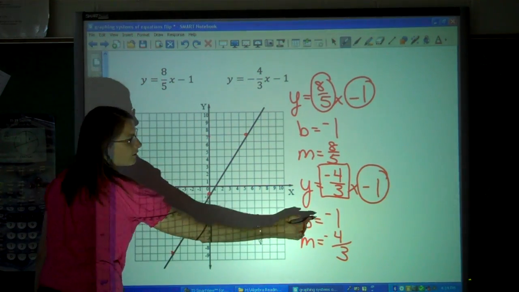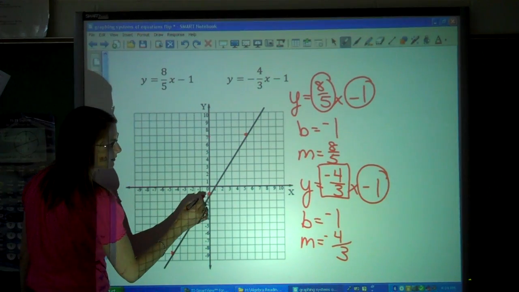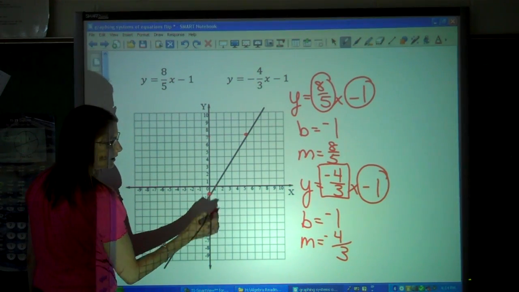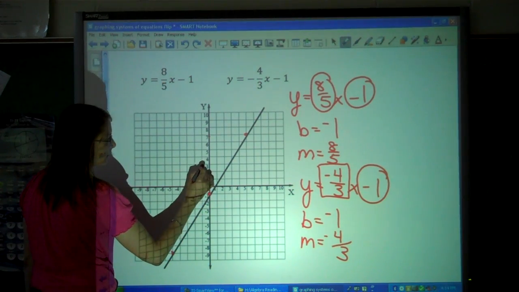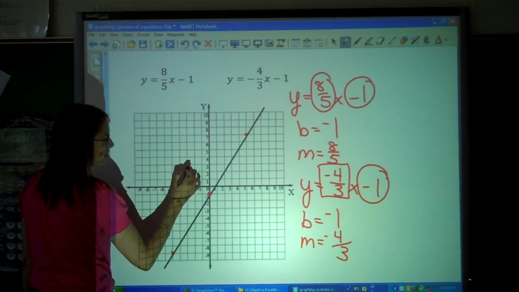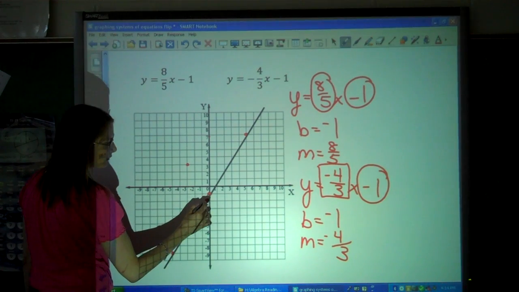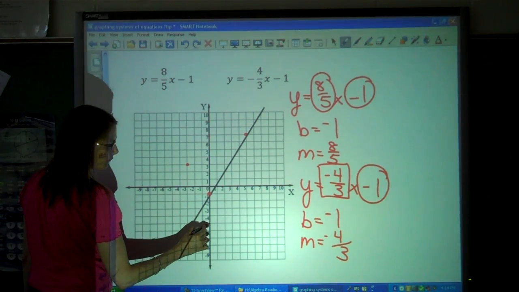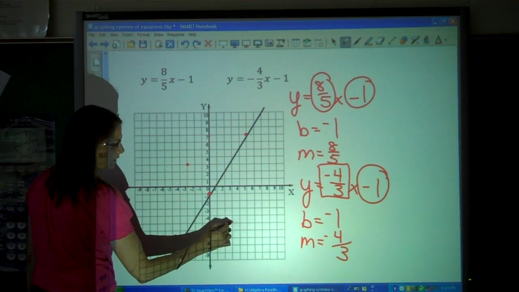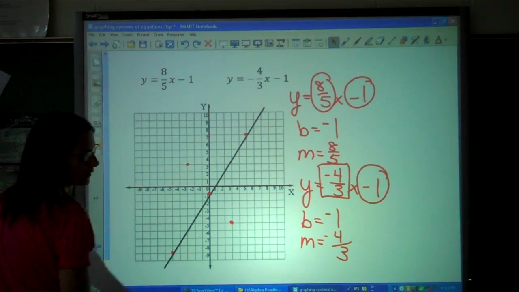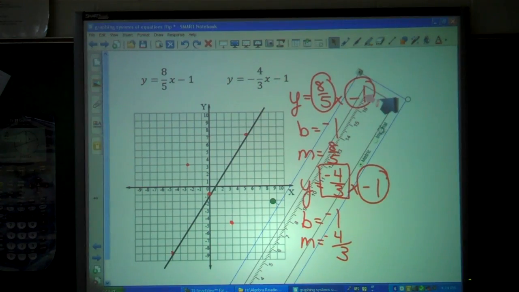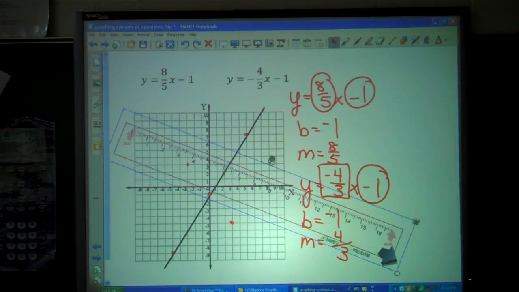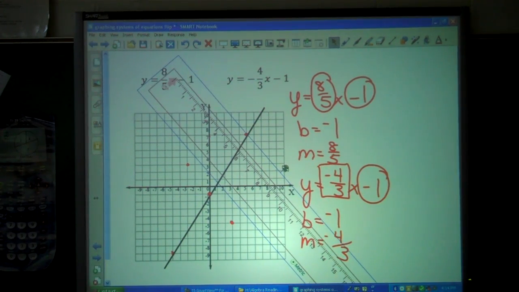So I'm going to come over to my graph, where y is negative 1, same spot, and then slope up 1, 2, 3, 4, backwards 1, 2, 3, or I can go down 4, 1, 2, 3, 4, and forwards 1, 2, 3. And take my ruler. I already see my answer, but I'm still going to graph it all the way, even though I found my answer when I plotted my 1 point.